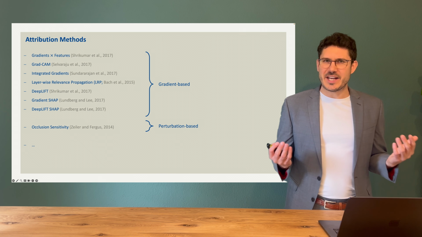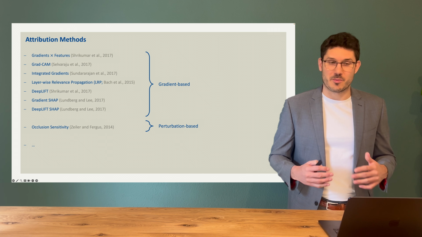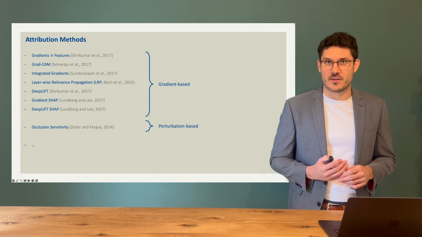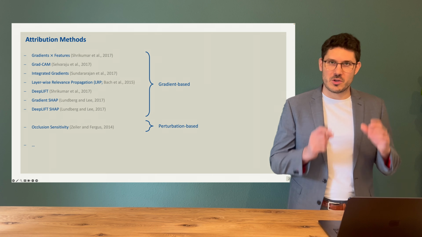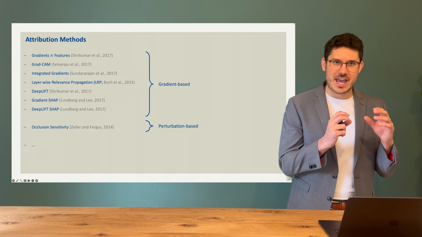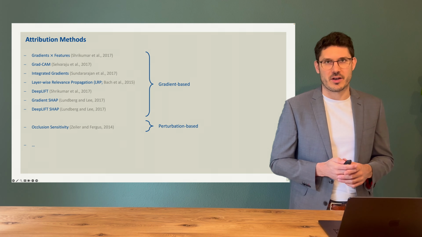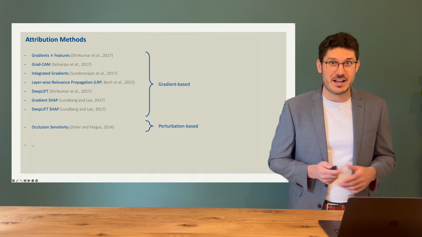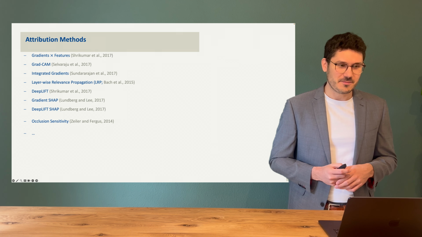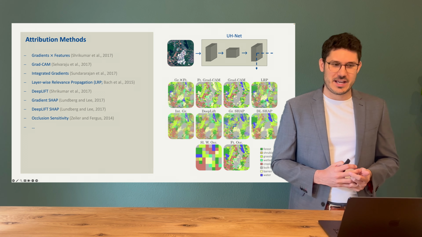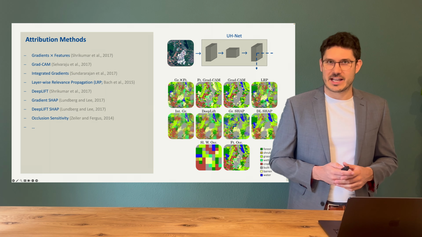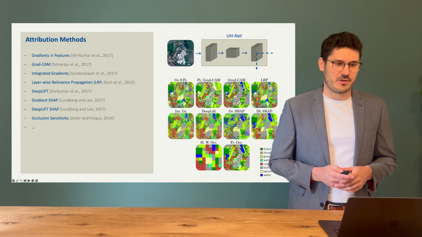But there are not only gradient-based approaches, there are also perturbation-based approaches. As an example, there's occlusion sensitivity, where you occlude parts of the feature map and measure how sensitively the model reacts to these perturbations. And there are many more. And if you compute these attribution maps, you can see that the results can look very different.